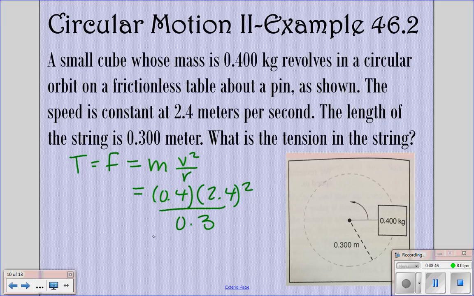And so if you multiply those and then divide by 0.3, you get 7.68. And so that means we have two significant digits here. We had 3 here, and we have 3 here, but since we only have 2 at this 2.4, this gets rounded to 7.7, and force is going to be newtons. Okay, so that's how you work that example.